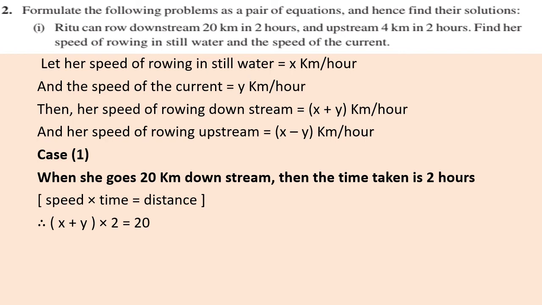The speed, when it is moving downstream, is x plus y, the time taken is 2 hours and the distance travelled is 20 km. Now simplifying this, you are getting the equation x plus y equal to 10. Number the equation as 1.